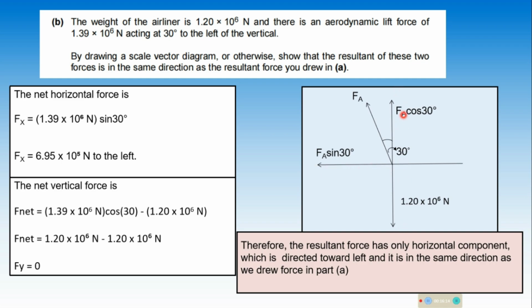The net vertical component is Fa cos 30 minus the weight of the airliner, which is 1.20 × 10^8... 10^6 newtons. So this is 1.39 Fa. The magnitude of the force is this much. Fa cos 30 minus the weight is equal to 0. So the vertical component is 0. Therefore, the resultant force has only a horizontal component, directed toward the left, and it is the same direction as the force we drew in part A.